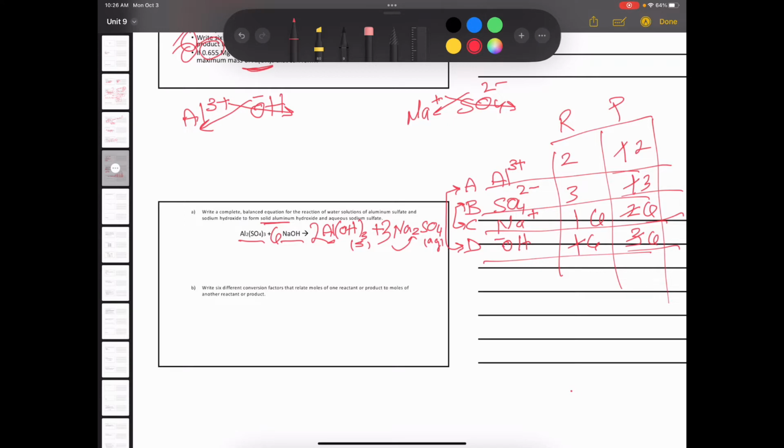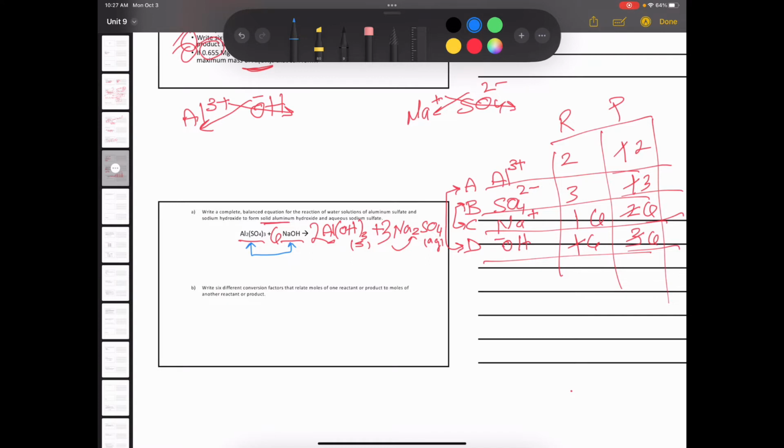So once I've completed the reaction, the chemical equation has been balanced, now I can come in and I can convert or I can establish my relationships, right? The stoichiometric relationships and come up with my conversion factors, okay? So first what I will do, I'm going to write down the relationship between the aluminum sulfate and the sodium hydroxide.